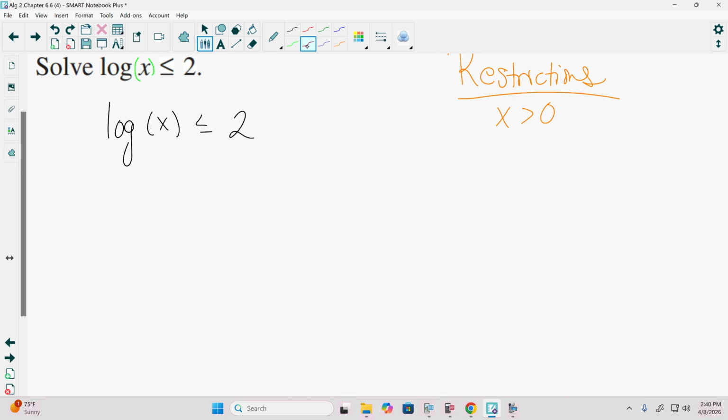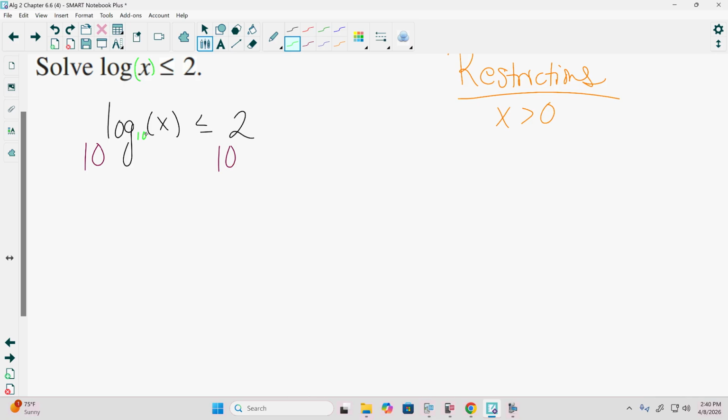Yes. Now we need to put both sides to a base that is the same as the base of the log. And what is the base of our log? 10. Because it's not written, the base is understood to be 10.